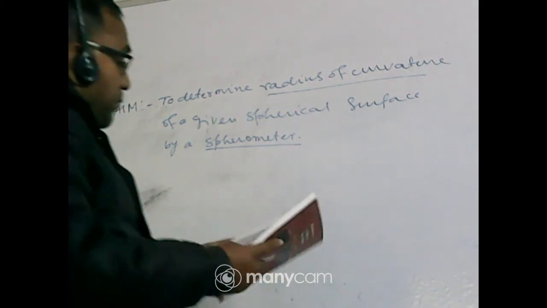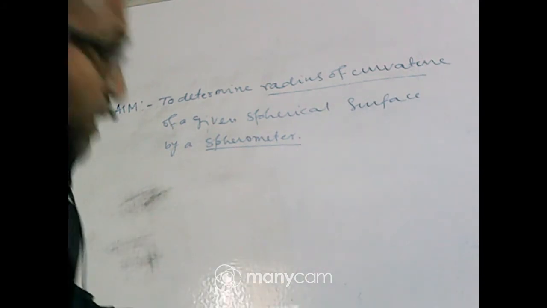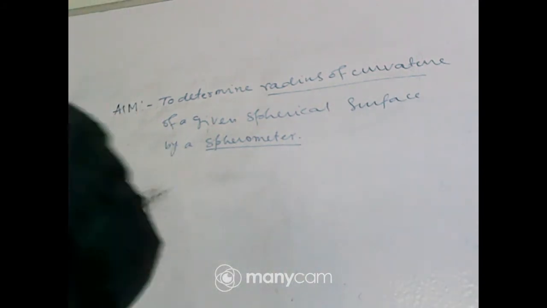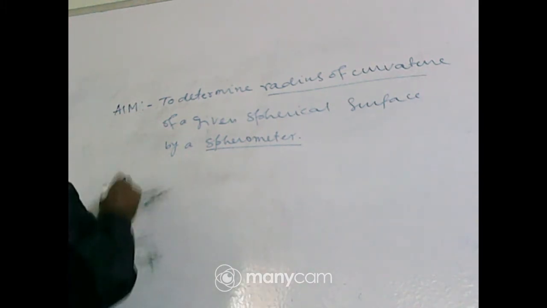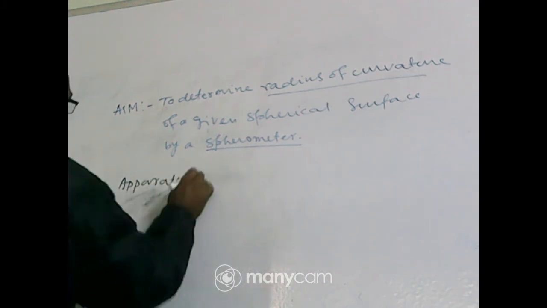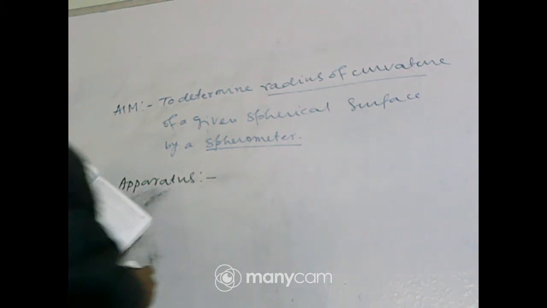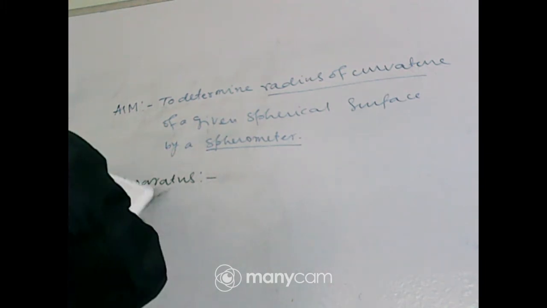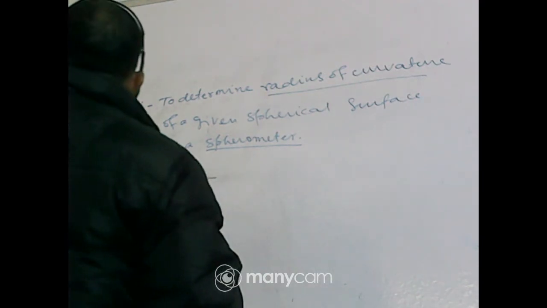First is the aim of this experiment, second is the apparatus: spherometer, convex surface, it may be an unpolished convex mirror, a big size plain glass slab, and a plain mirror.